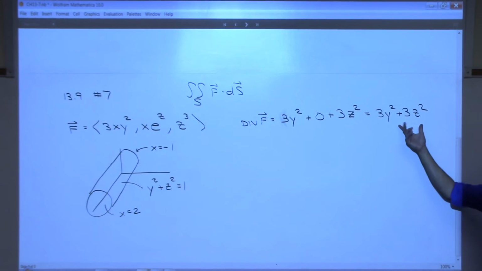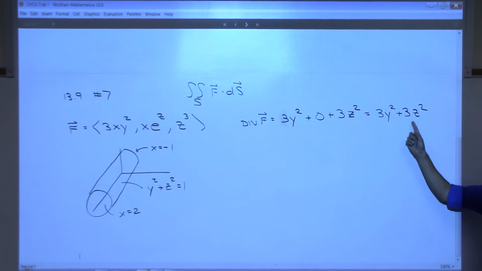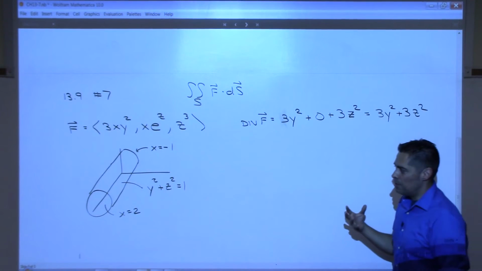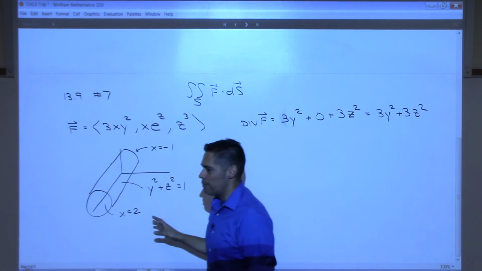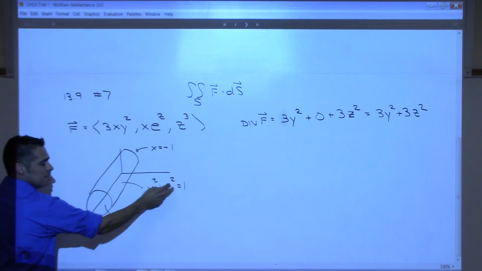All right, this is it. This is our div. Yep. All right, I think we're okay integrating that. And you know what makes me feel even better about it? The y squared plus z squared, when I factor a 3 out, is going to lend itself very nicely to the polar conversion or cylindrical coordinates I'm going to go to describe this surface, because I have circles in the yz plane.